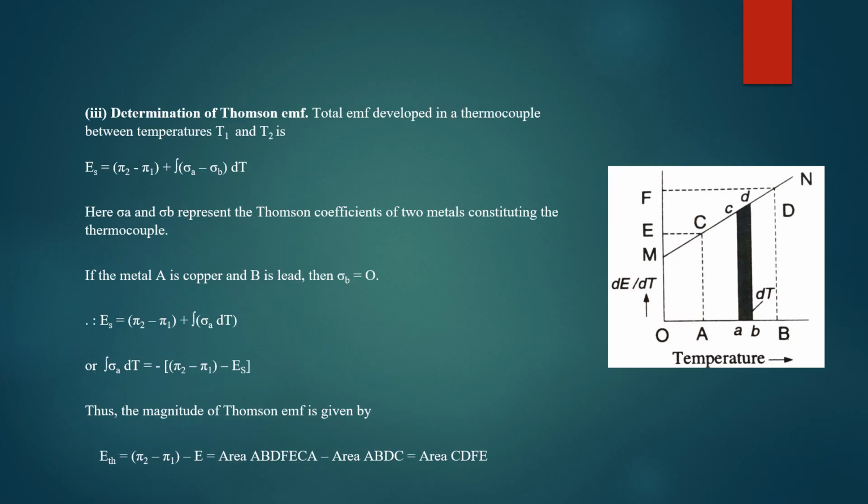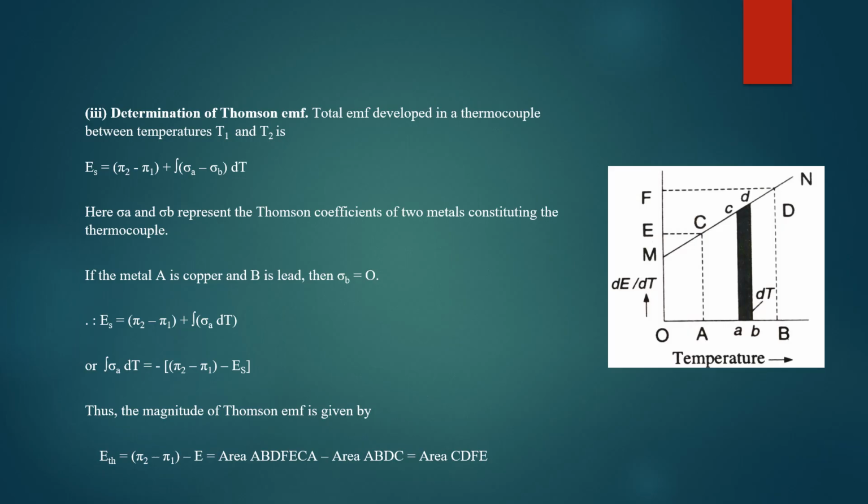Next we have to determine the Thomson EMF. If the total EMF developed in a thermocouple between the temperatures T1 and T2 is given as E is equal to pi2 minus pi1 plus the integral of sigma A minus sigma B into dT, this we all know. Here sigma A and sigma B represent the Thomson coefficients of the two metals constituting the thermocouple.